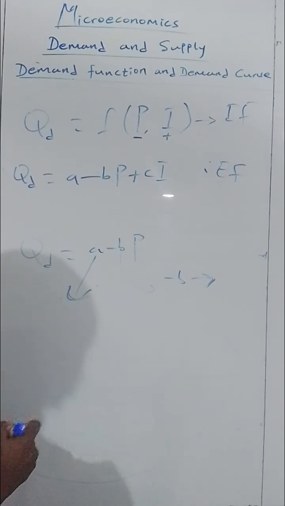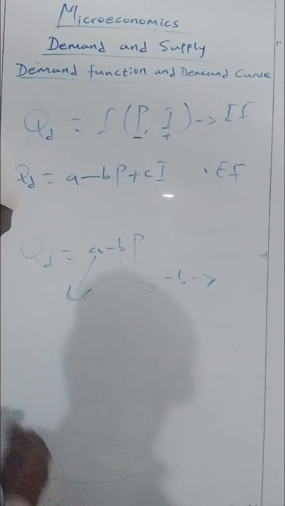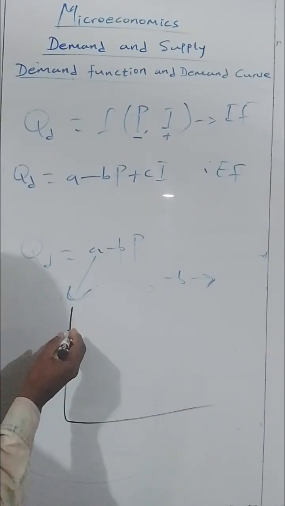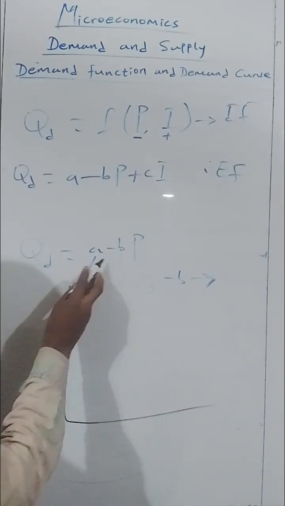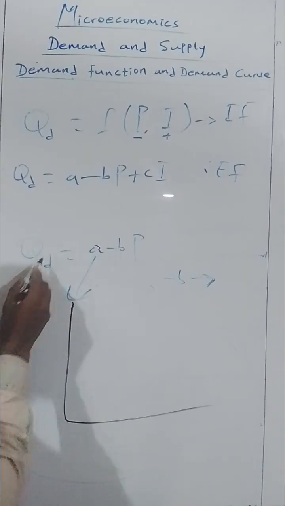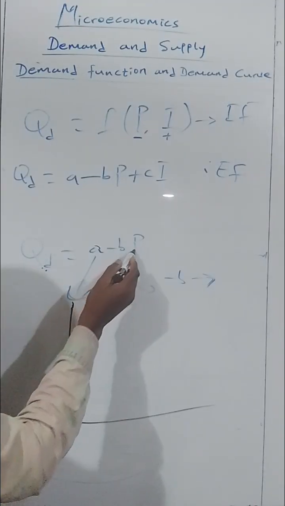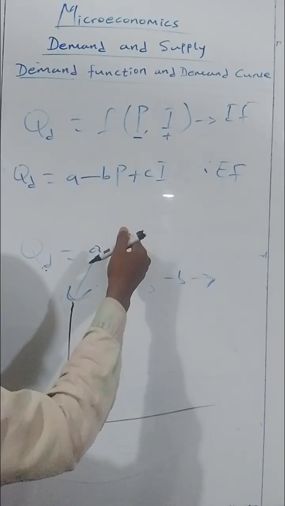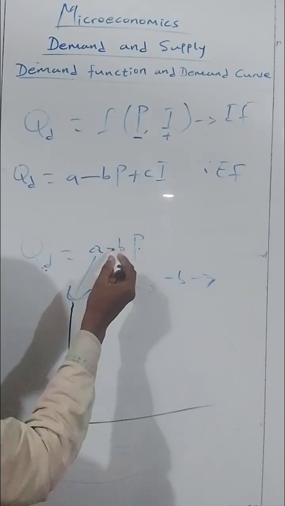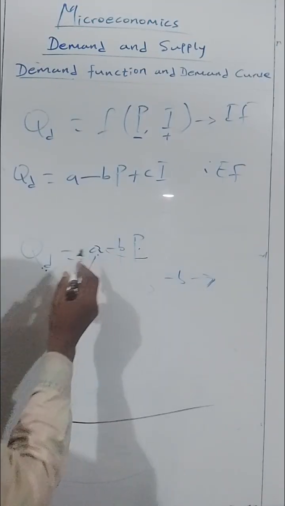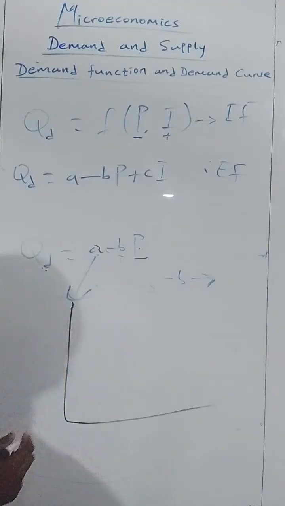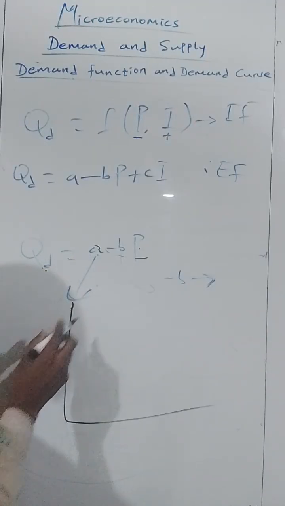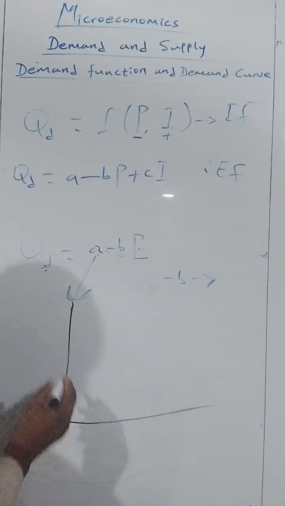For example, if I have a demand curve like this, this A represents the value of QD when P is equal to 0. You plug in 0 in this equation, you allow P to be equal to 0, so all this will disappear and we are left with Q equal to A. So in other words, this A represents the value of QD when P is equal to 0.